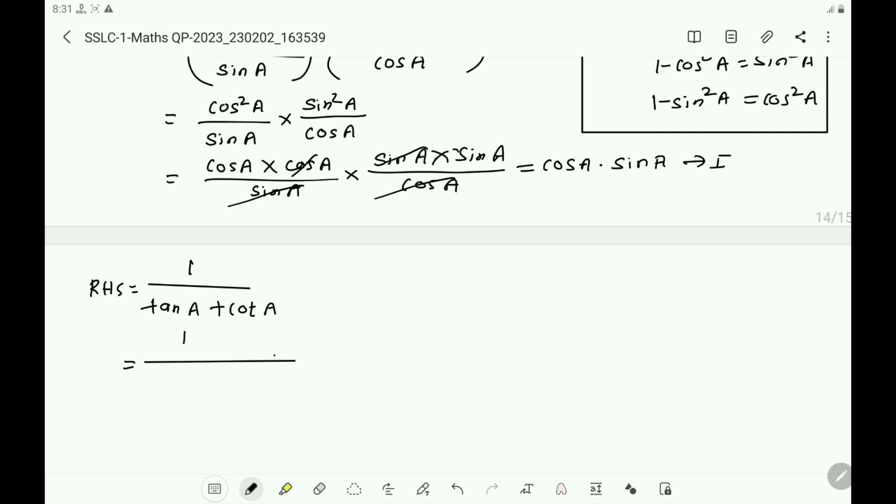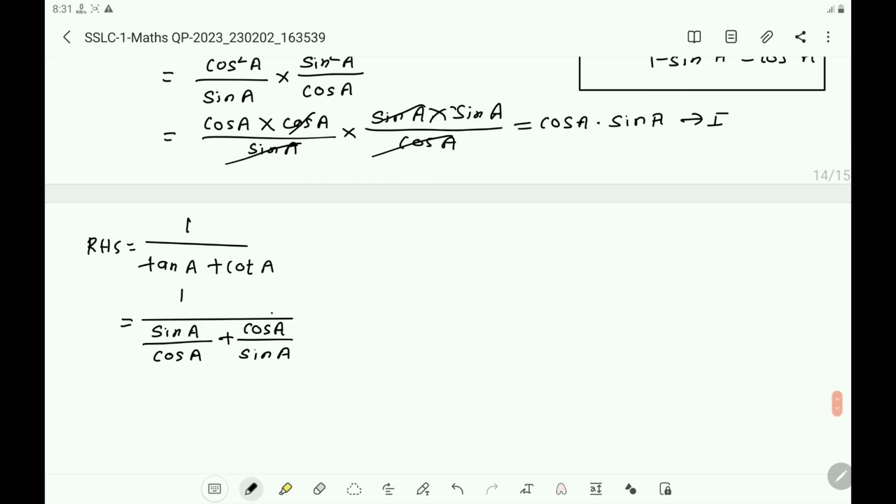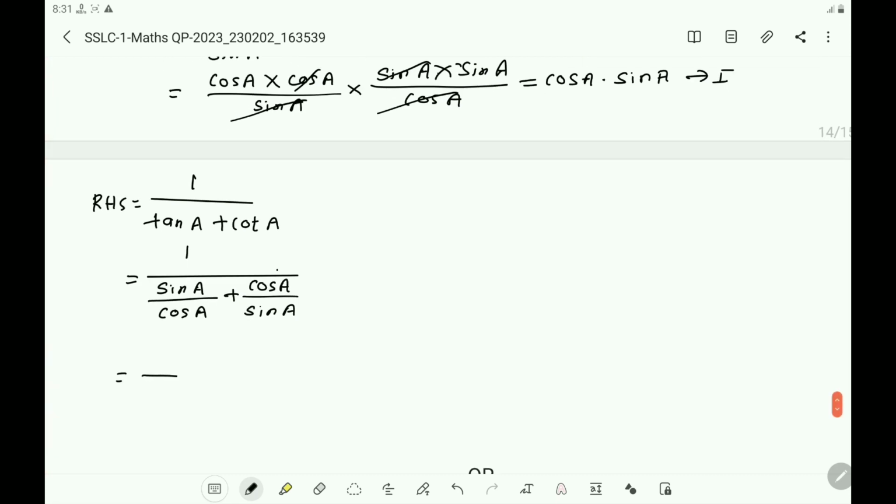Express this tan A as sin A by cos A plus cot A as cos A by sin A, which is equals to 1 by, take the LCM here. What is the LCM? LCM is cos A into sin A.